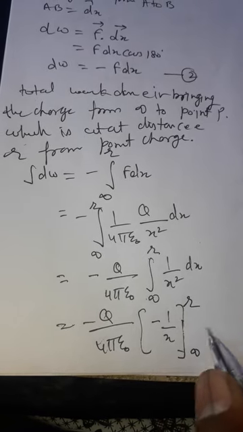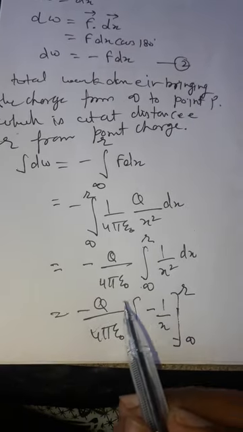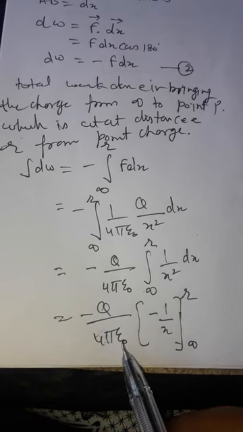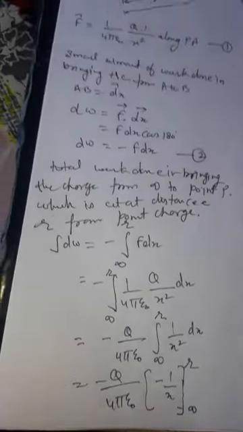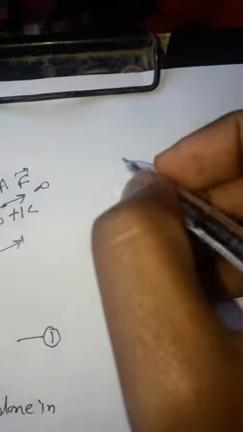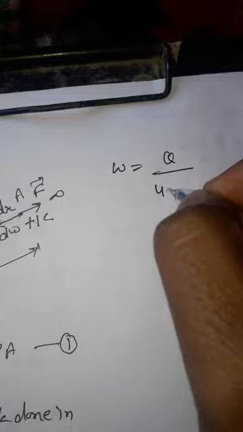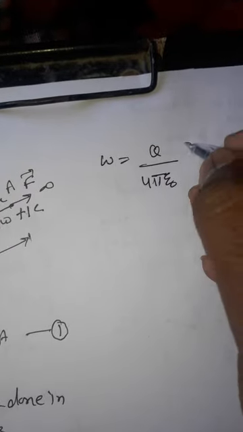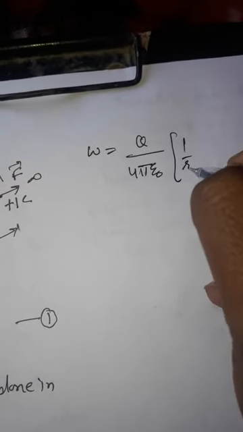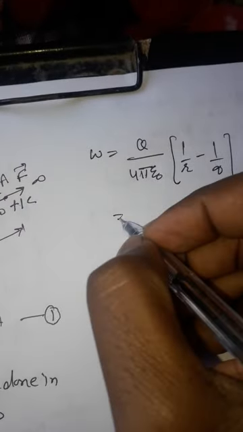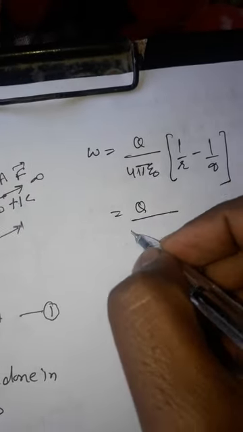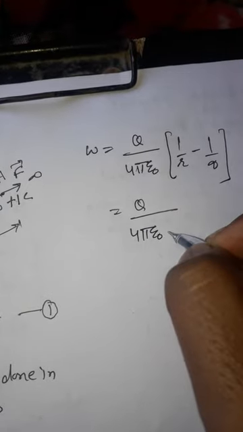Now putting the limits, minus taken out becomes plus. So the amount of work done, that is W, must be equal to q upon 4 pi epsilon naught into 1 by r minus 1 by infinity, and that should be equal to q upon 4 pi epsilon naught r.